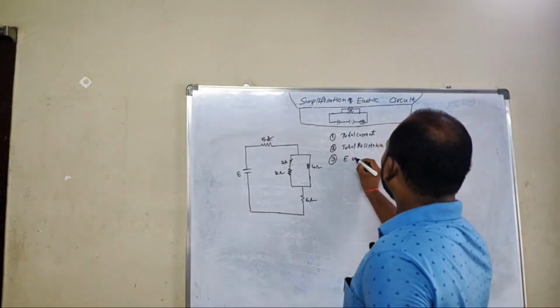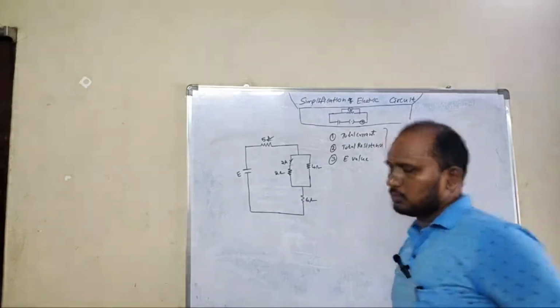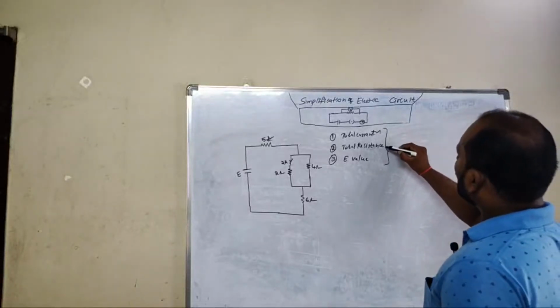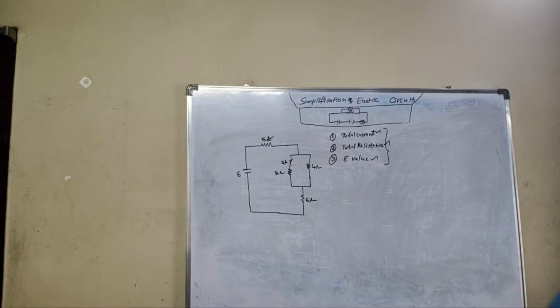Find E value. So these three values I want. E value is nothing but the battery EMF. So how to tackle this one?